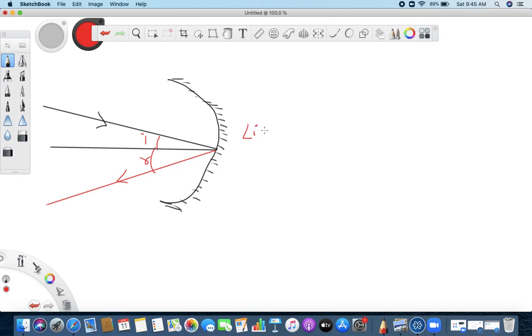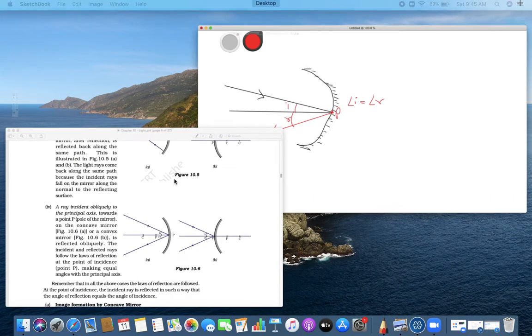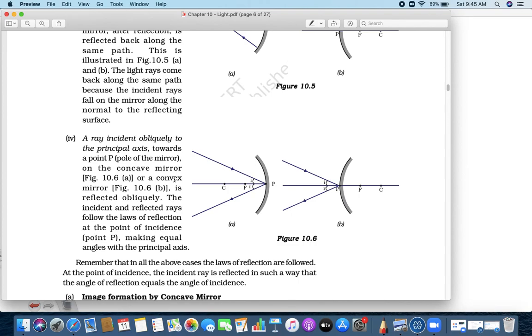That's what they said: if an incident ray is incident at the pole, the angle of incidence is always equal to the angle of reflection. See here, the same is the case for a convex mirror.